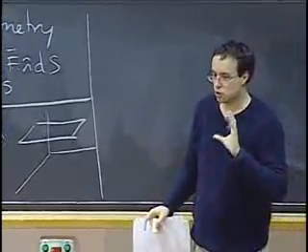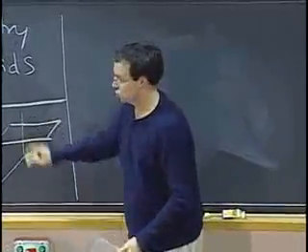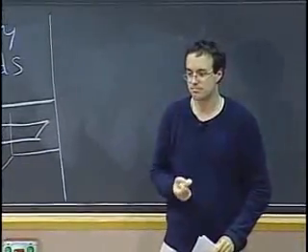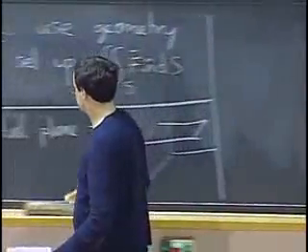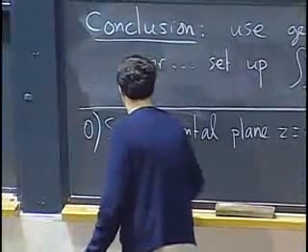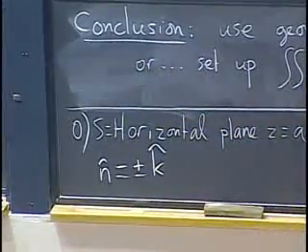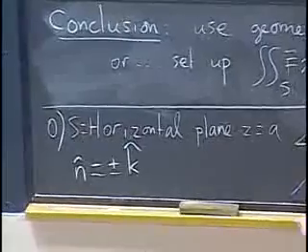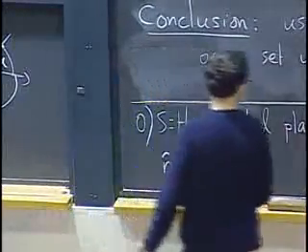But when it comes to looking for the normal vector, I can rest assured that the normal vector to a horizontal plane is just vertical. So it's going to be either k or negative k, depending on whether I've chosen to orient it pointing up or down. And which one I choose might depend on what I'm going to try to do.